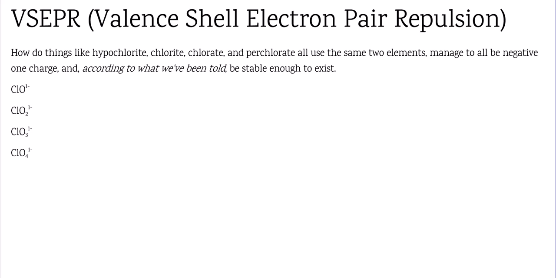And so now we're taking a look at 4 polyatomic ions, all featuring chlorine and oxygen, and every single one of them is in the -1 charge area of our polyatomic ion sheet. Every one of them. How is this possible? How are they stable enough that they manage to have the exact same charge, and yet here they are?